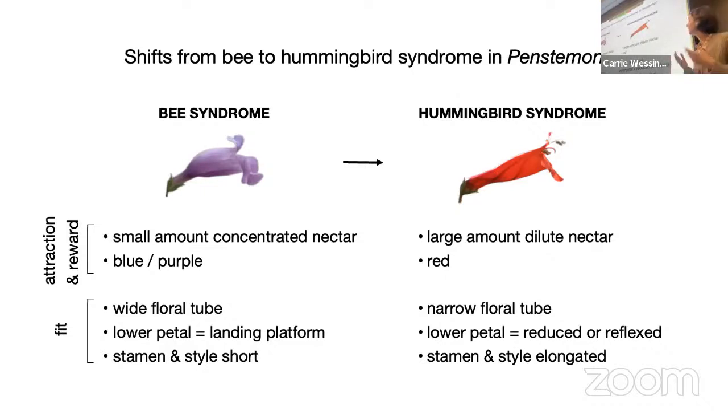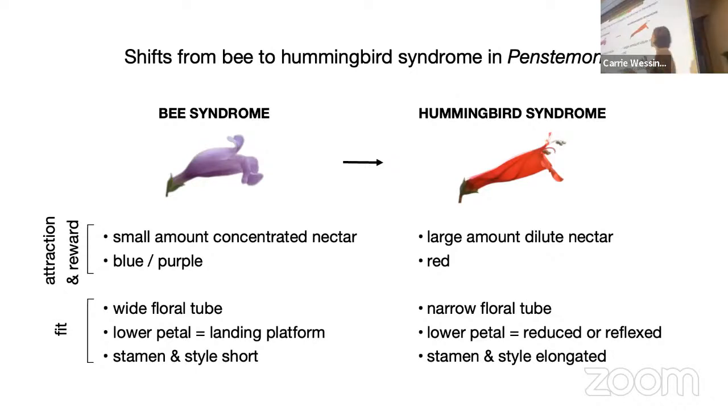They tend to lack the landing platform formed by the lower petal lobes. This is either reflexed back or reduced, and they have this narrow tubular shape. And the stamen filaments and style are elongated so that the anthers and stigma are outside the flower, where they'll come into contact with the forehead of visiting hummingbirds.